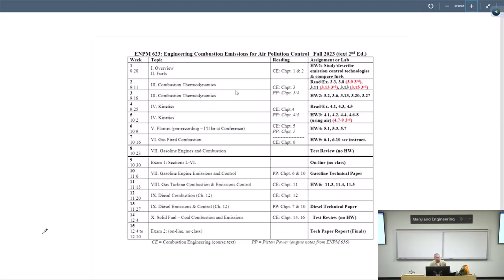And then we'll spend a couple weeks on kinetics, the rates at which different emission constituents form. So those 4 weeks, 2, 3, 4, 5, are the most quantitative. I'll also do a number of examples in each of those weeks.